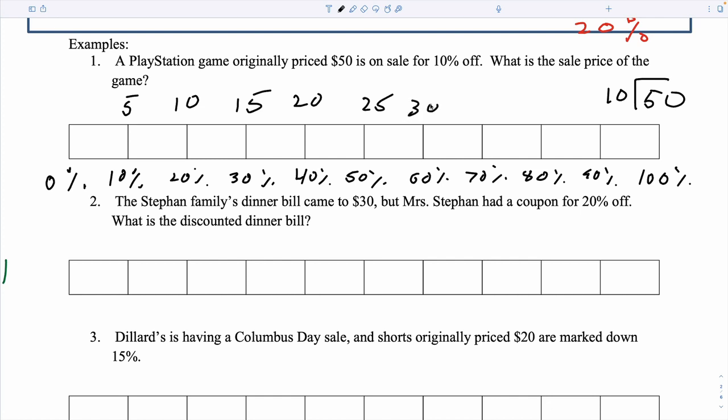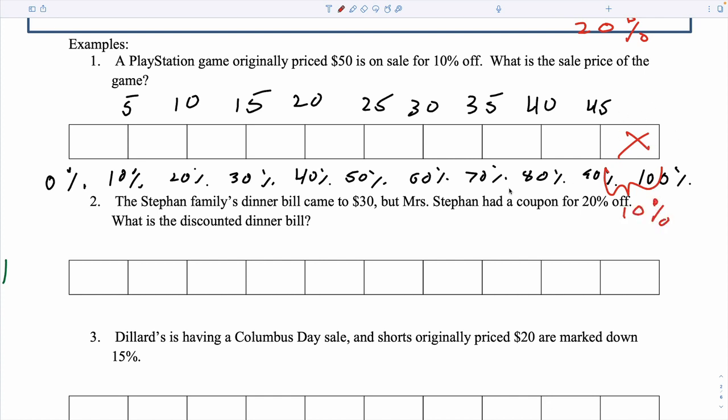Cool. So now that you have this set up like yesterday, you're going to go 10% and take 10% off. It's not 10% of the total. From 100, go to 90 and write an X. This is 10%.